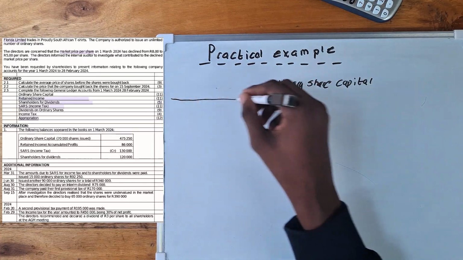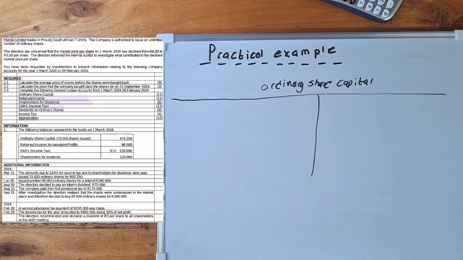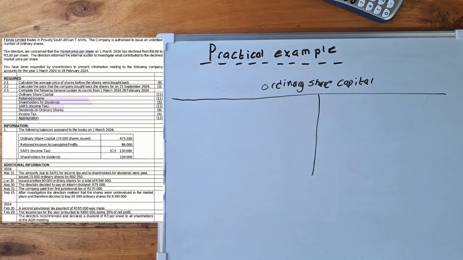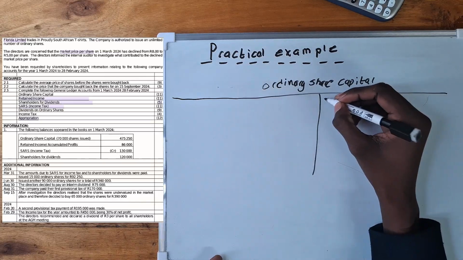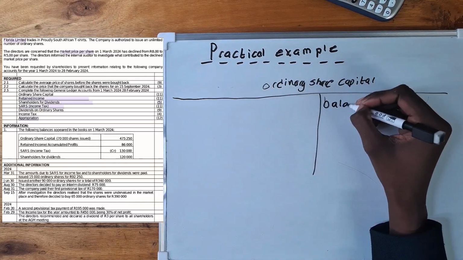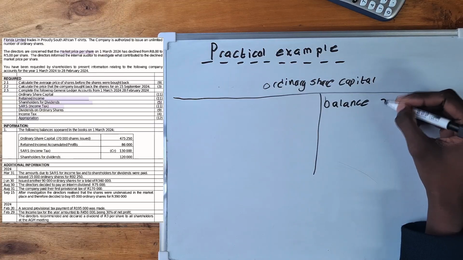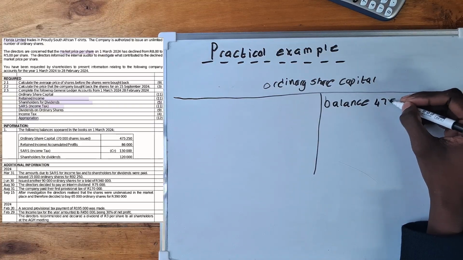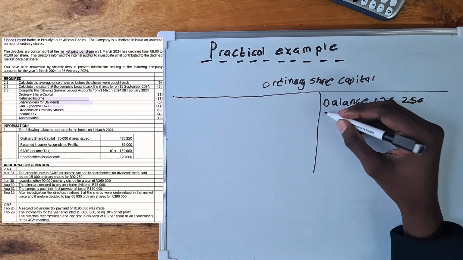So we draw our ledger, and now we first look at what I have taught. The first thing I said that we need to do is to give out the balance at the beginning, which is 475,250, right?